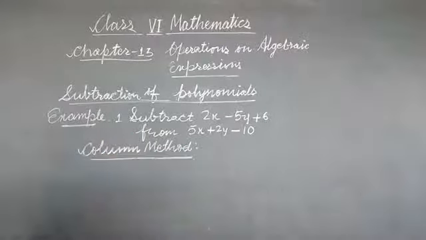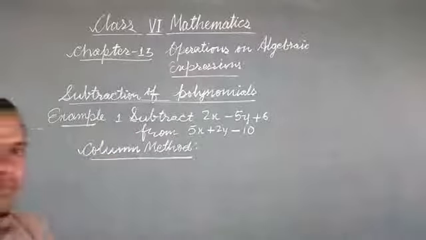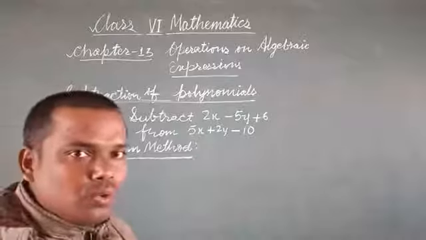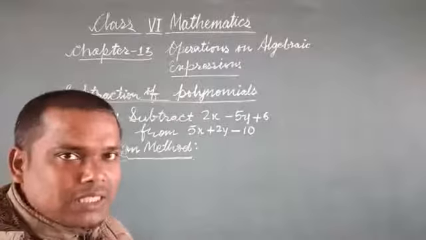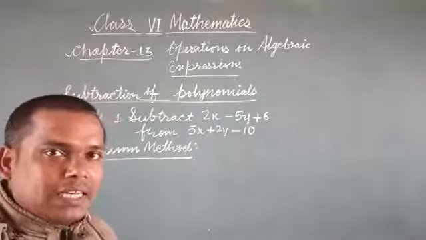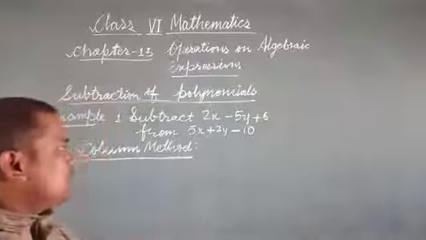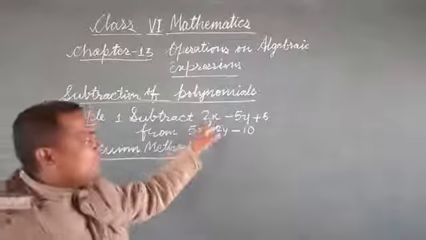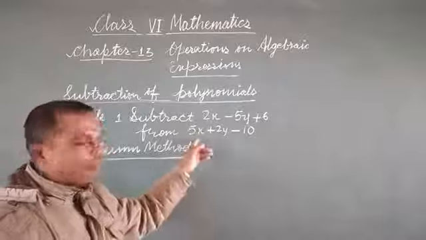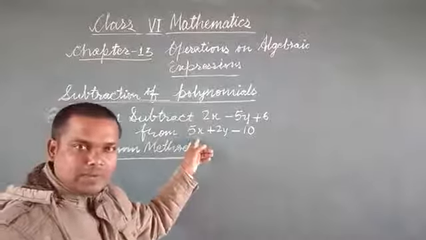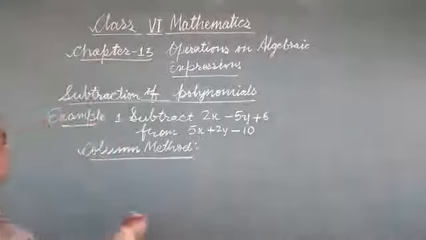In column method, as I discussed in sum, the two polynomials will be arranged according to the column of the variables. Suppose the first variable we have is x, then below it the second 5x will come.